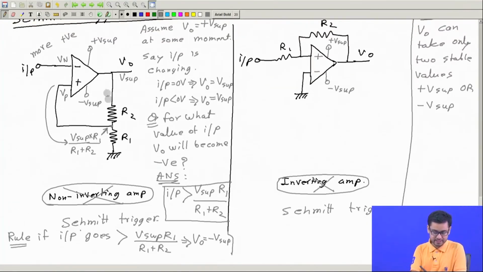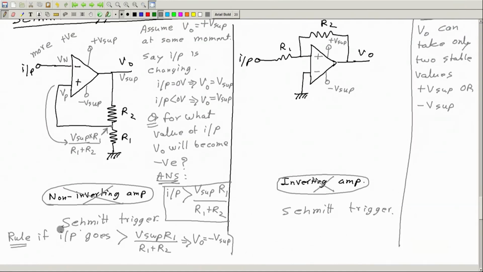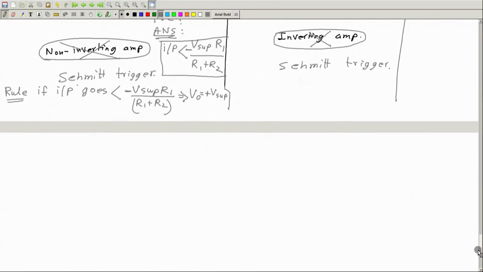So, for this Schmitt trigger, let me write the rule.